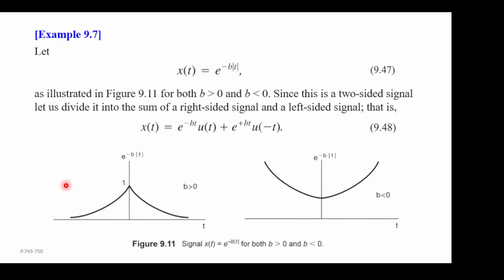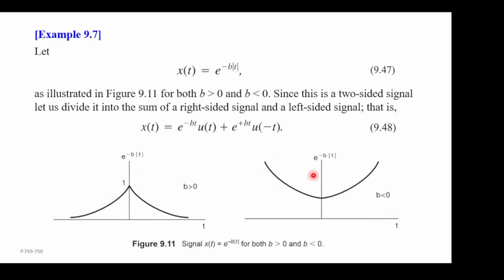Obviously, you can also have b equal to 0 with a straight line, but let's forget about that for now. For b bigger than 0, it's exponential decay on both sides. For b less than 0, it's exponential growth on both sides. And intuitively you will think this is very divergent and it will not converge anywhere. And that intuition is correct.